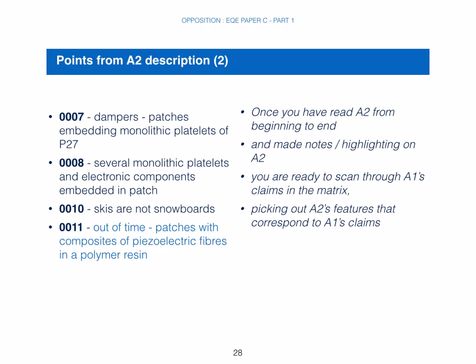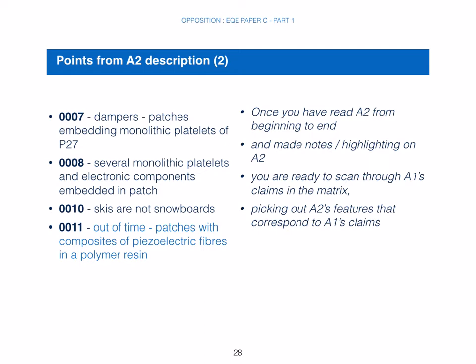The dampers can be patches, and they're embedding monolithic platelets of P27. Paragraph 8, there are several monolithic platelets and electronic components embedded in a patch. Paragraph 9 doesn't say much. Paragraph 10 says skis are not snowboards, which we knew.